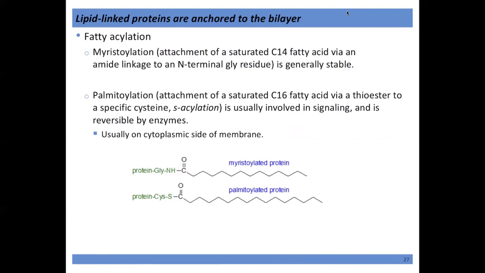But you can get palmitylation from palmityl fatty acid, and that tends to be more specific for cysteine residues. So you get what's referred to as a thioester. And thioesters, actually we'll see later on, those are actually fairly labile. And so you can use this, you can put the palmityl group on and off, and so it can be used in signaling, so it's reversible. And again, what these little tails do is it allows this to be embedded in the membrane, and so then you get these little tail groups that are embedded in the membrane and then the protein that is attached to them.